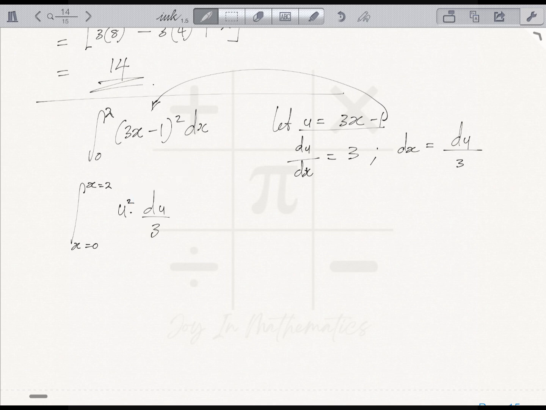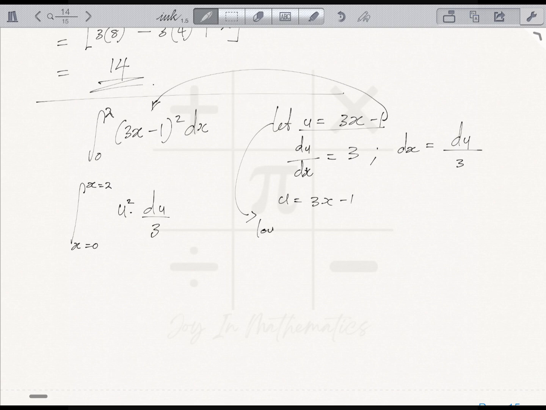Now, to integrate, we must have an upper limit of u and a lower limit of u. So we have to convert the x limits to u limits. We are going to use u equals 3x minus 1.